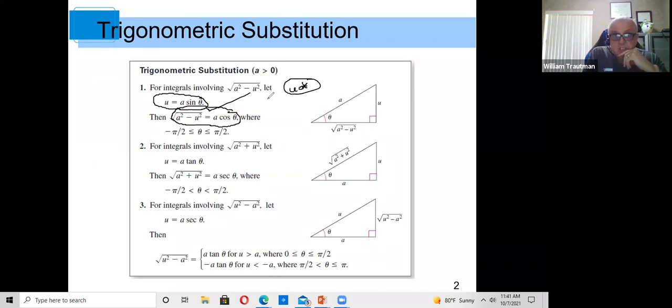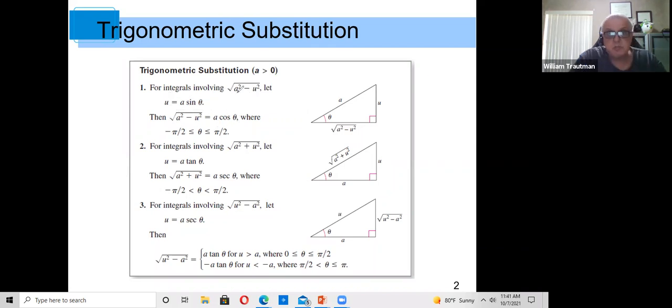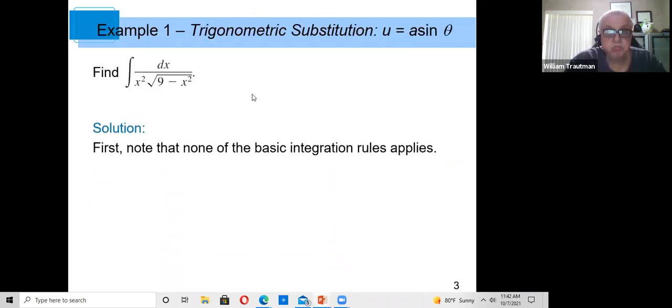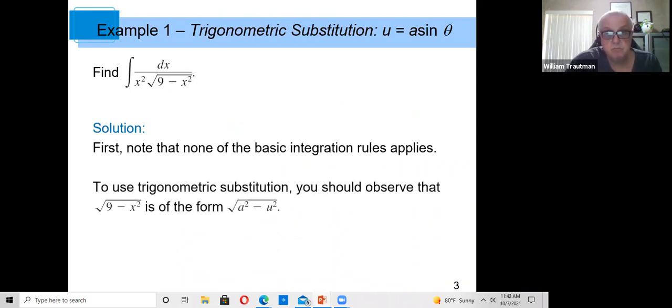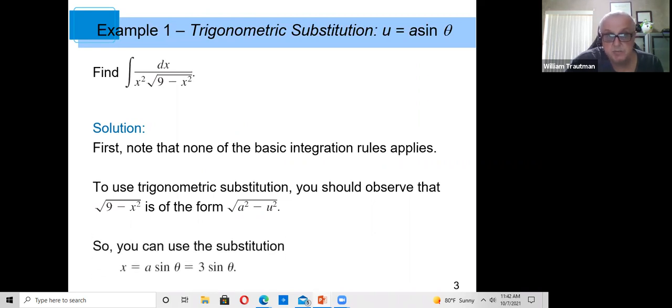That's kind of important to use when we come over. So they're showing you once again that a is 3 and x is u.